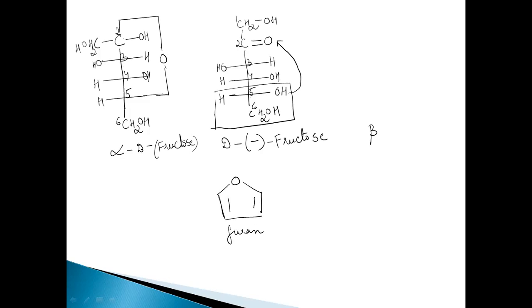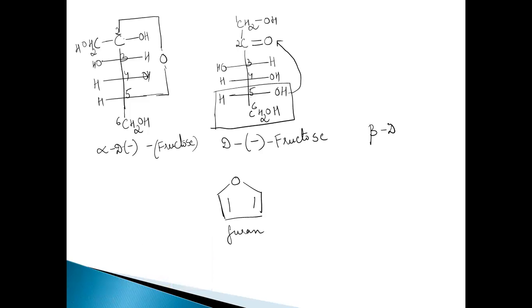So we are calling it alpha D. This minus should be included here, right? So I'll write minus. Yes, alpha D minus fructose. Now, how do I write beta here?